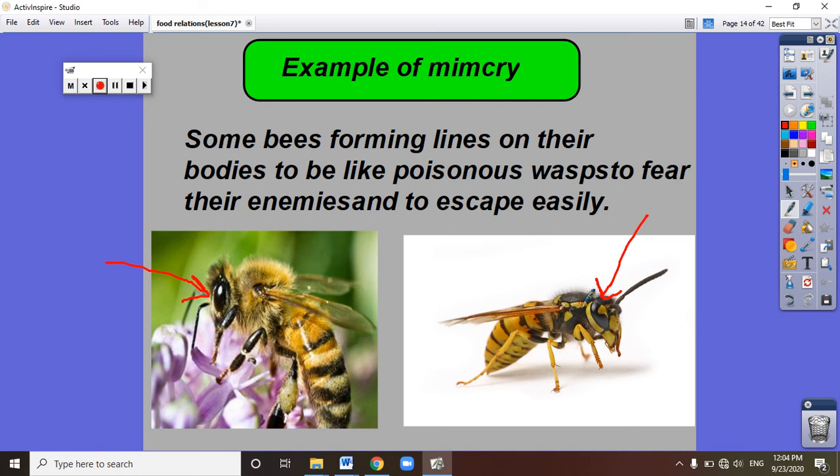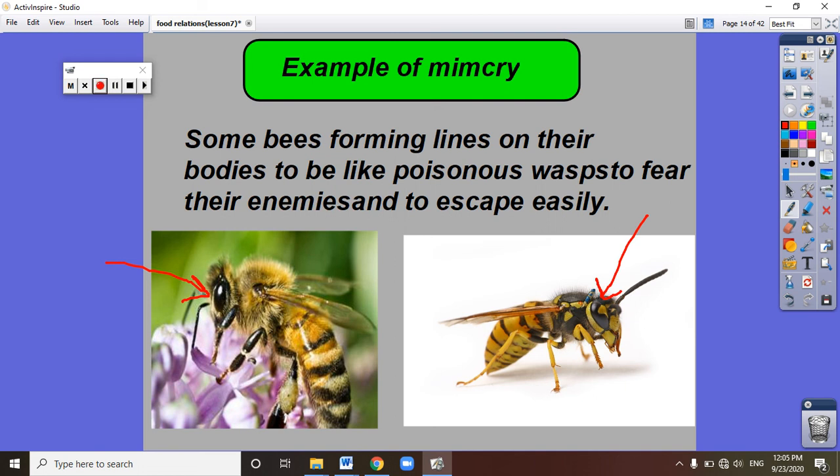So when the bees see their enemies, they imitate wasps. What is the meaning of imitating wasps? They fly in lines like the wasp. So the enemies think that the flying insects are wasps, not bees.